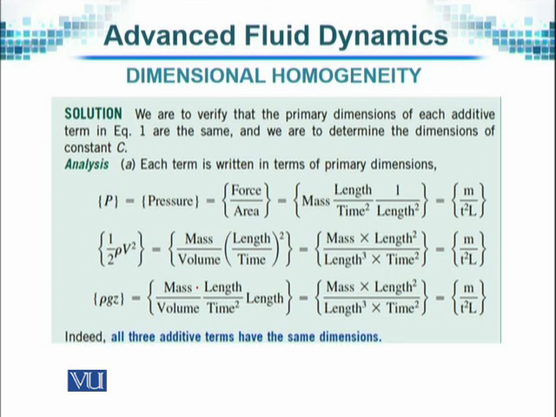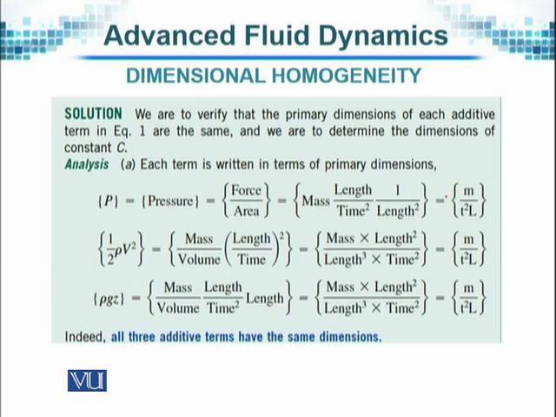Pressure is force per unit area, and force is mass into length per time square, as we have seen, divided by area. Area is length square, either length into breadth or length into length, so it will be length square as far as the dimensions are concerned. When we simplify all of them, the dimensions of the term reduce to m by t square times L.